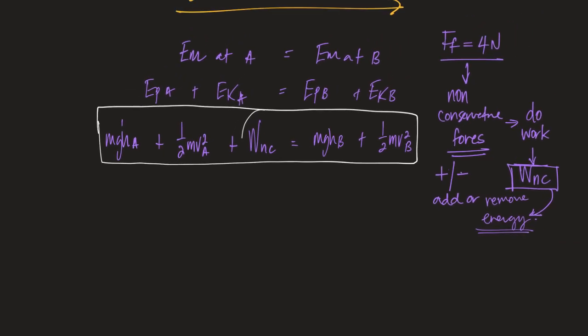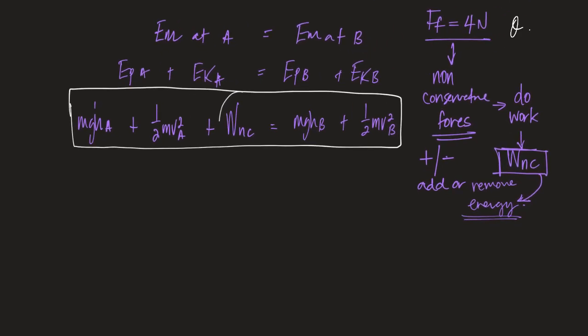I also know of that frictional force that the theta value is equal to 180 degrees. So by adding this friction in here, I have a change in mechanical energy as I'm moving from point X to Y or A to B or whatever we're calling it.